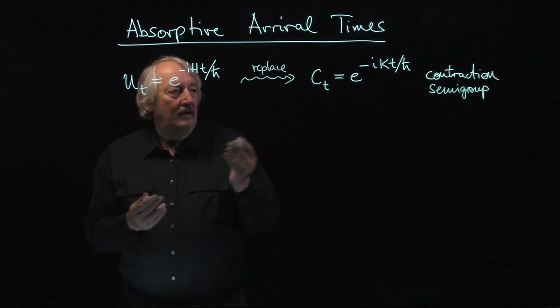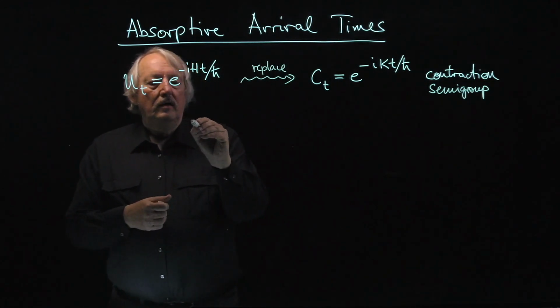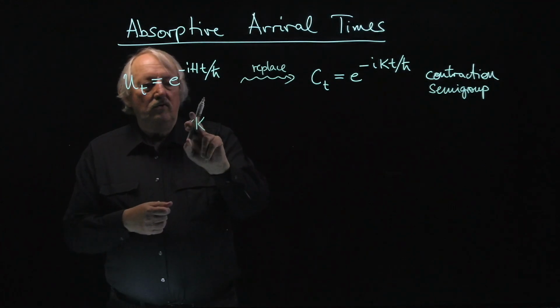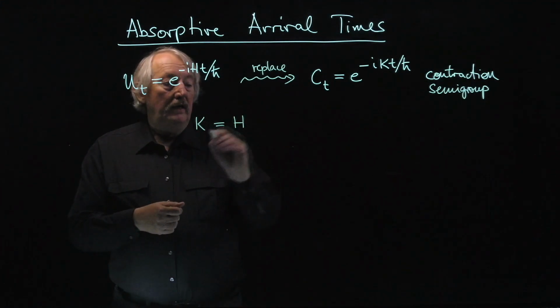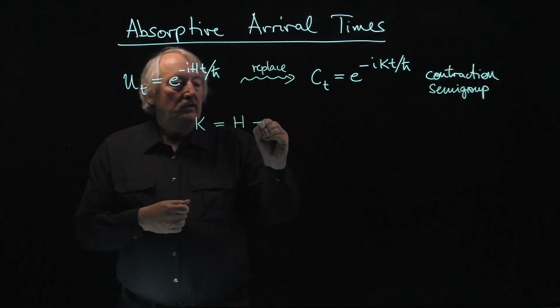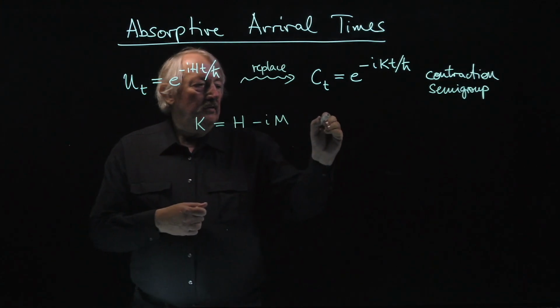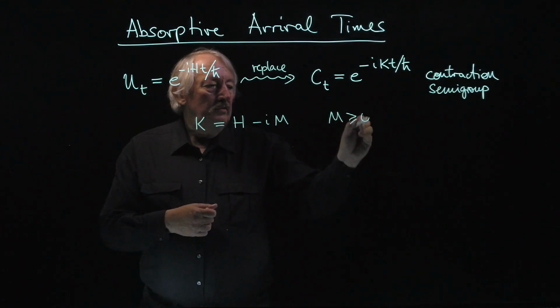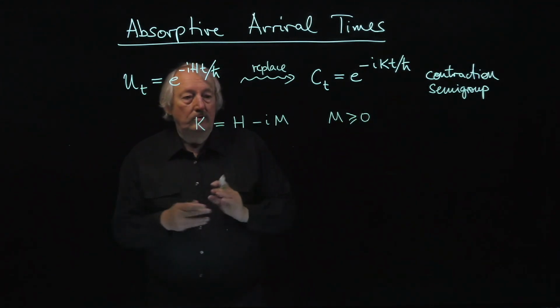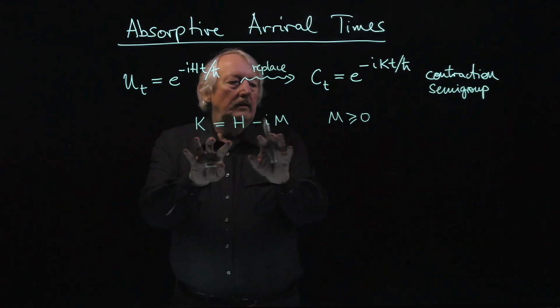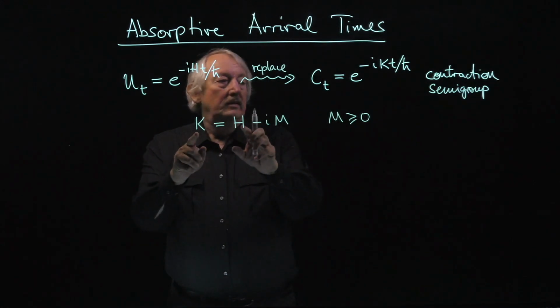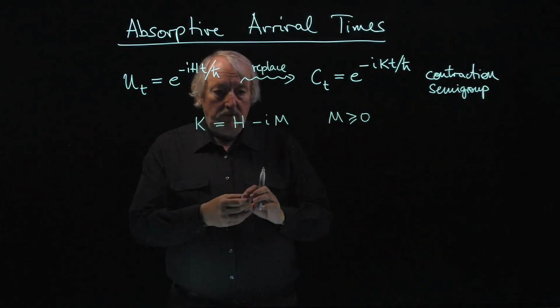So for example, you could do this by taking a generator for this contraction semigroup to be your good old H, and then you subtract an operator iM, where M is positive. So this is now not a Hermitian operator, but if M is a positive operator, it will generate a contraction semigroup.